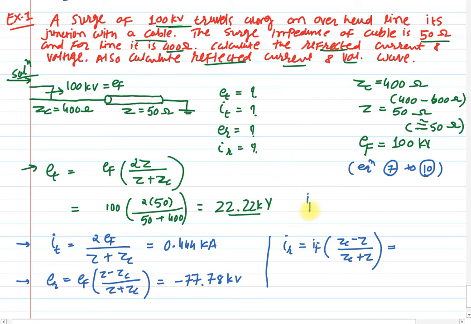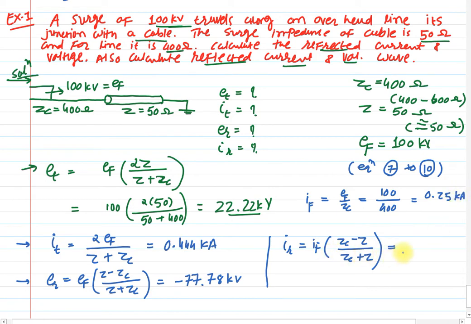So the equation of IF is equal to EF by ZC, which is equal to, yes, EF is 100 kV and ZC is equal to 400 ohm. So it is 0.25 kiloampere.